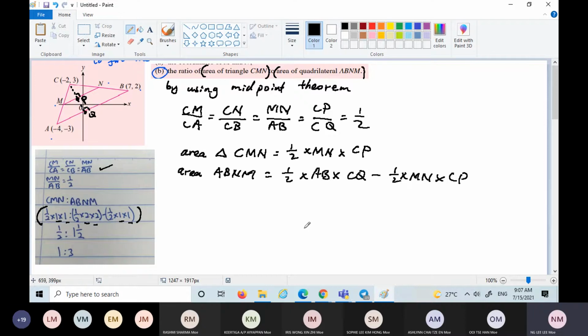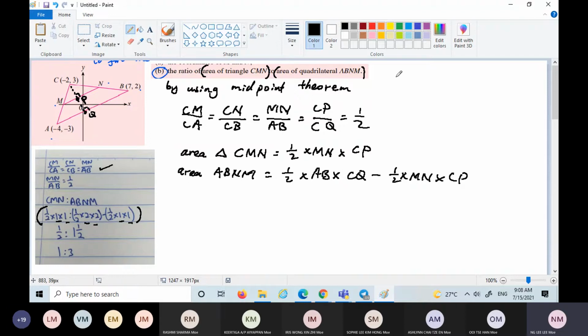Now how to relate them? Since this is MN and CP, I try to change the AB and CQ in terms of MN and CP using this relation.